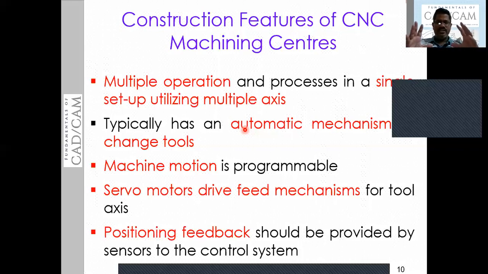So these machining centers have multiple axes to perform more operations and machine more objects simultaneously. Each spindle rotates with a definite speed, so we can perform multiple operations.